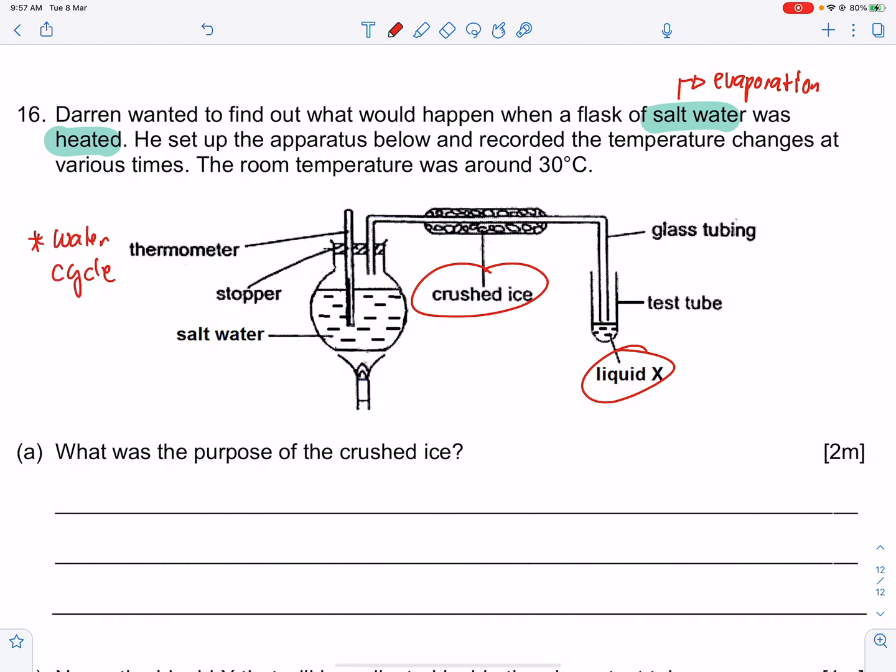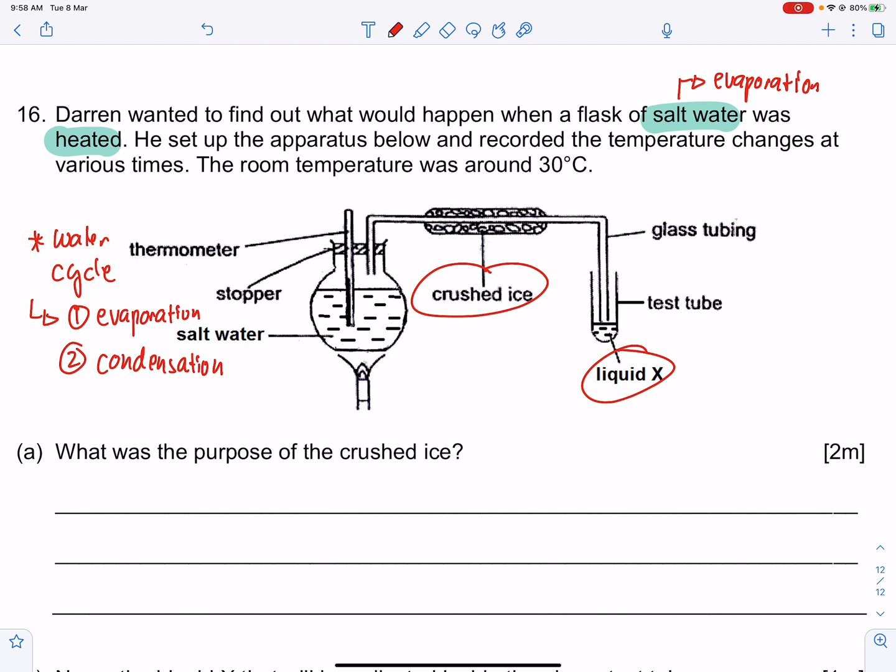Now, when dealing with water cycle, remember there are two processes that we are very concerned with. Number one would be evaporation. Please pen this down. Number two would be condensation. So this will help you narrow down on what the question actually wants you to talk about.